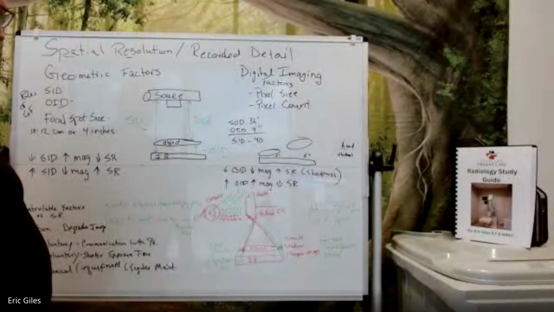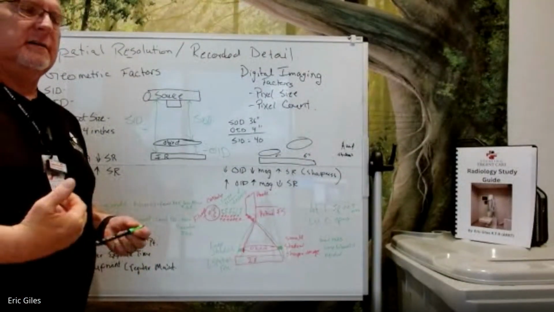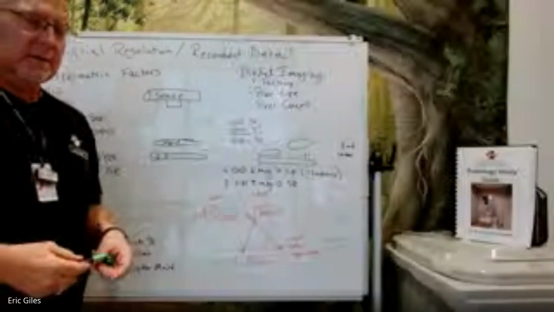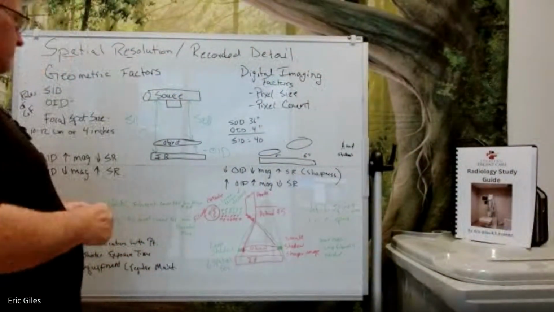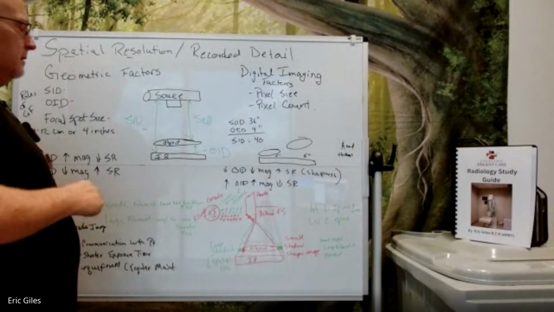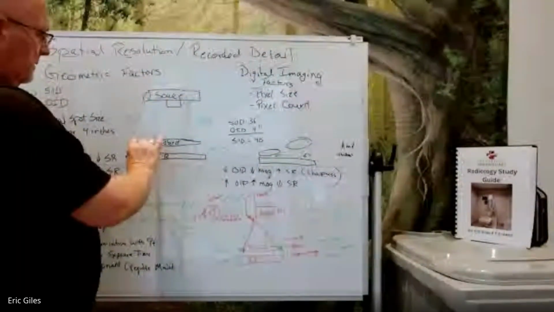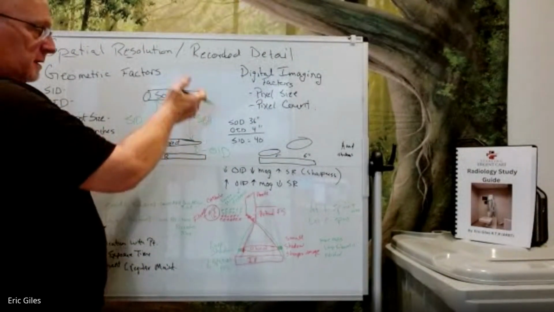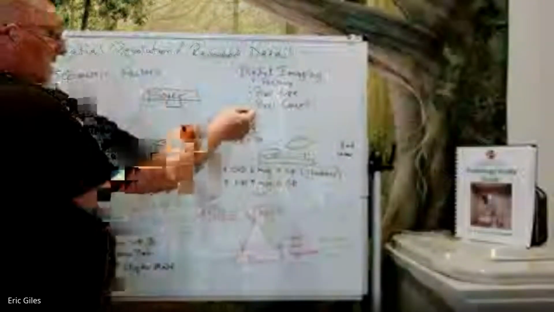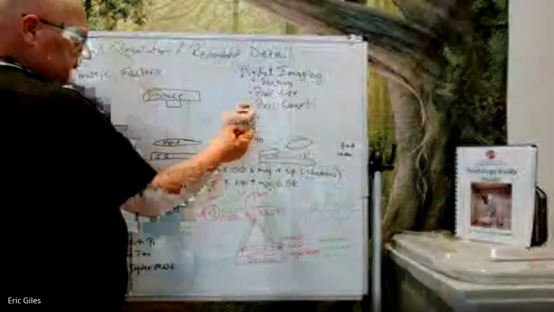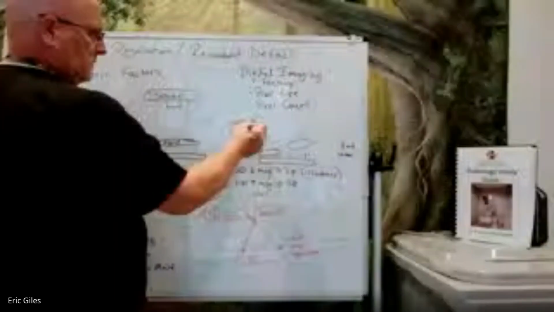Okay, and the third one we're going to talk about today is focal spot size. Okay, and we make that determination as X-ray techs. So we'll talk about that in a minute. But back to SOD and OID. Okay, so these are all three different distances. Say we have a SOD, so our source to object distance is 36 inches, and our OID is 4 inches.